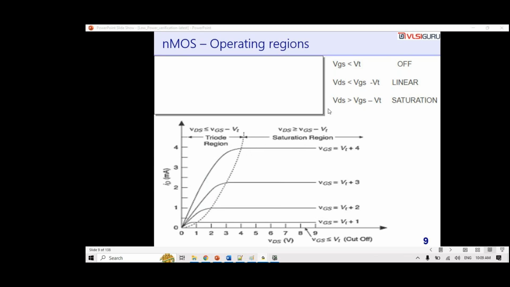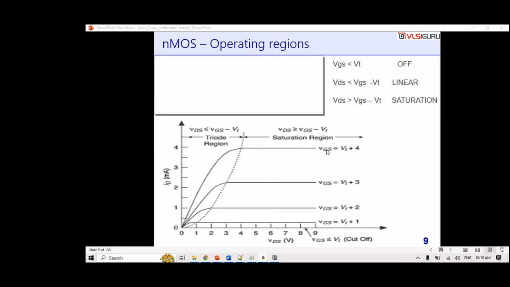This is an important thing: even if you increase the drain to source voltage beyond that, my current is not going to increase, because it gets saturated here. That saturation is related to the gate to source voltage, VGS.